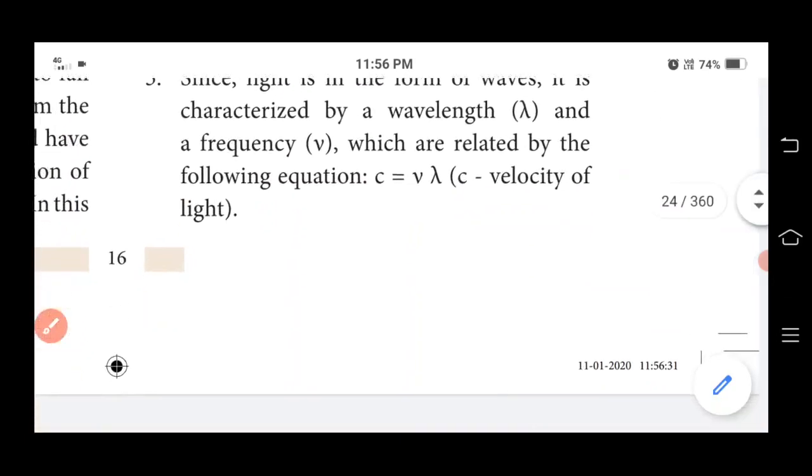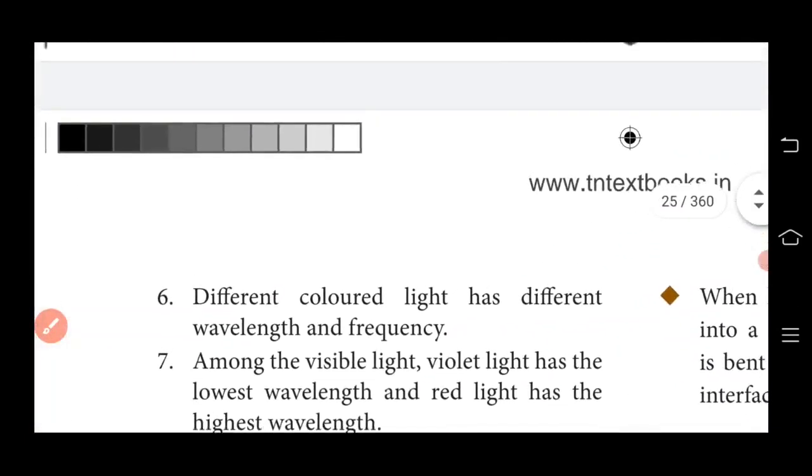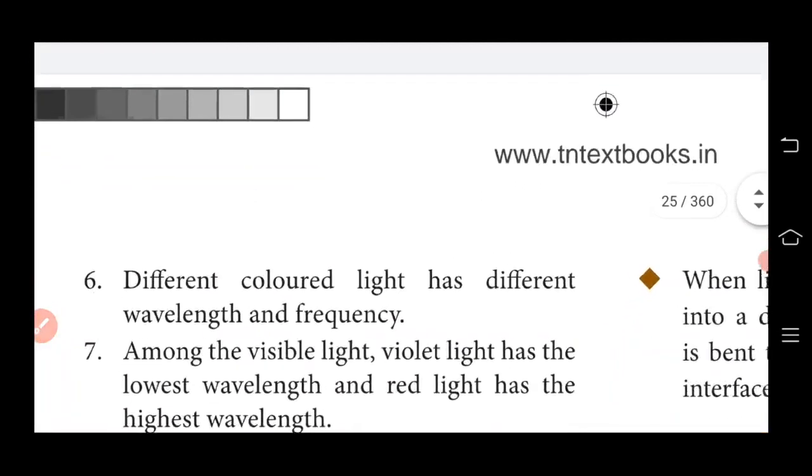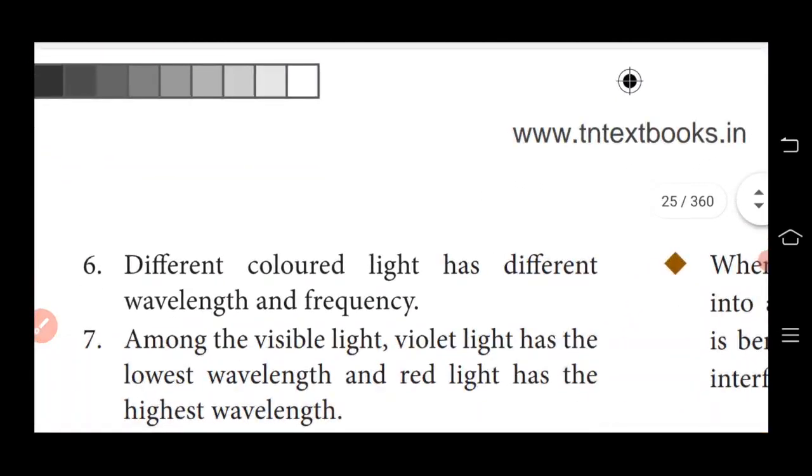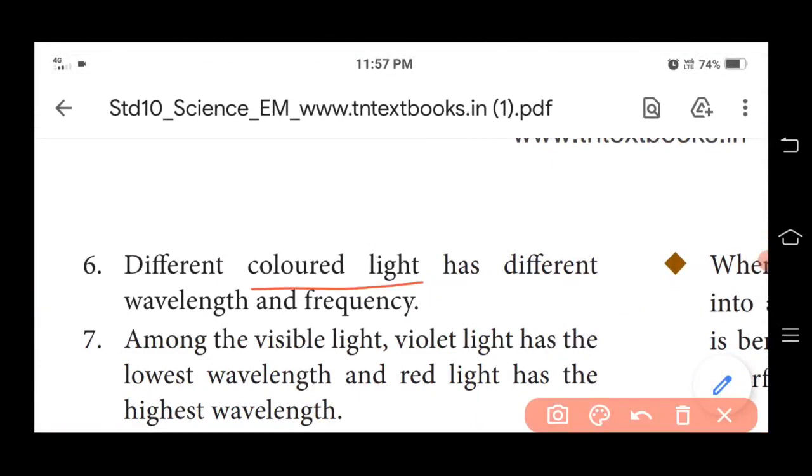And then sixth property, different colored light has different wavelength and frequency.